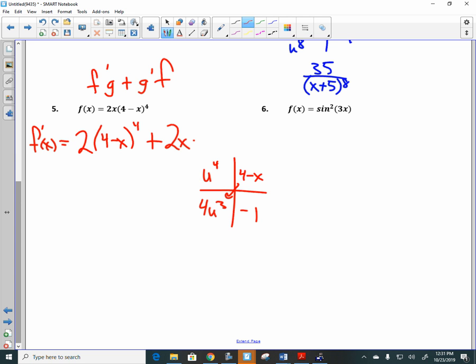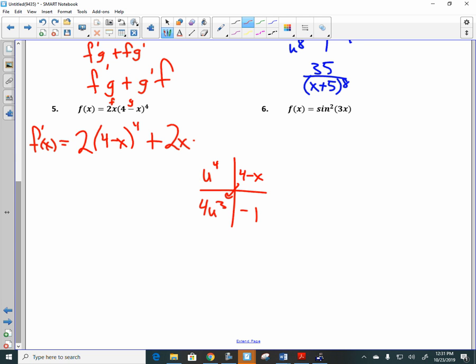I'm going to call this F. I'm going to call this G. So I'm actually writing the product rule as F prime G plus FG prime right now. That's what I'm doing. I just use the commutative property of multiplication there.